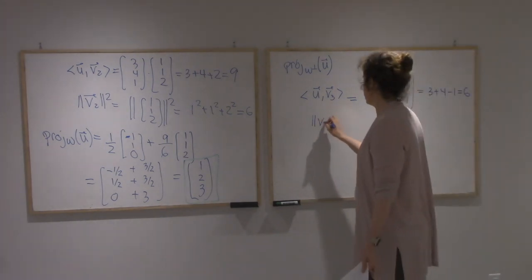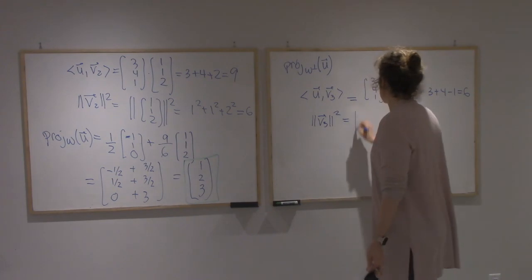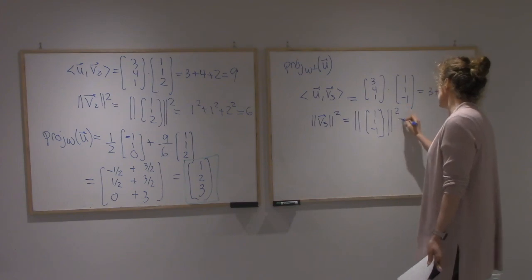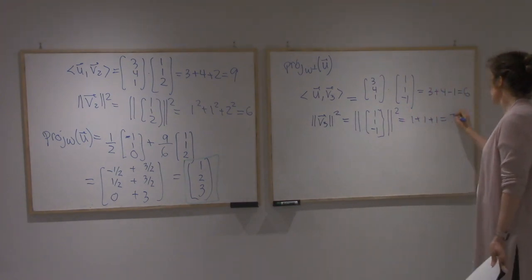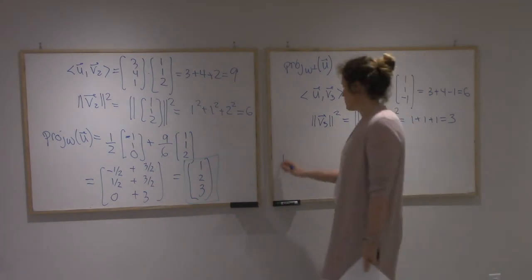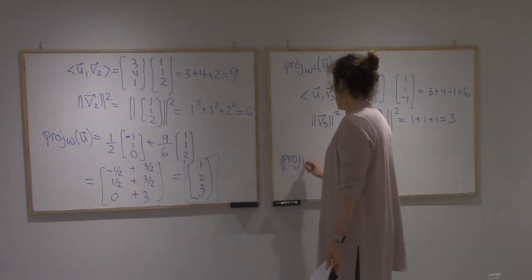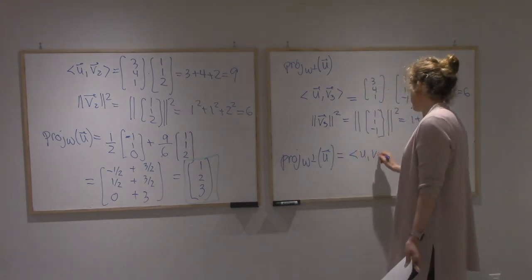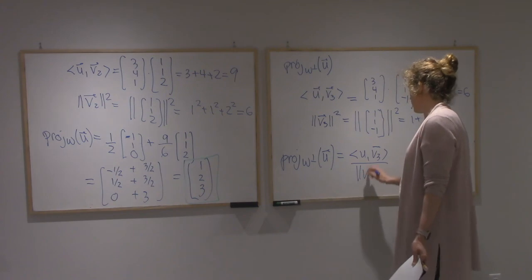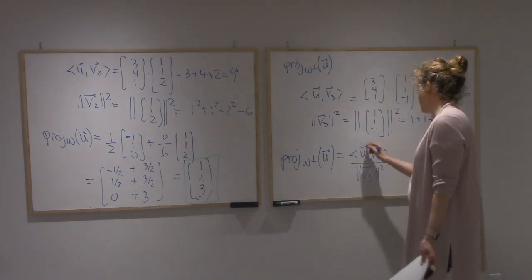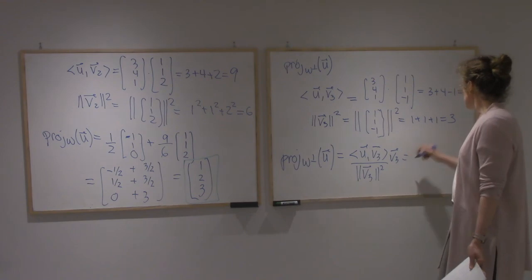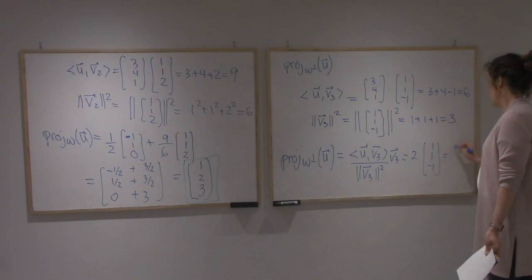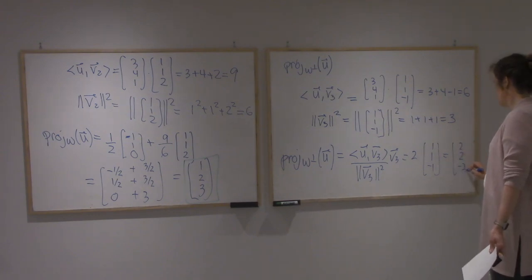And the length of V3 squared is the length of 1, 1, minus 1 squared, which is 1 plus 1 plus 1, which is 3. Alright, so the projection on W perp of U would be U dot V3 over length of V3 squared, times V3. So I'm getting 2 times 1, 1, minus 1. I'm getting 2, 2, minus 2.